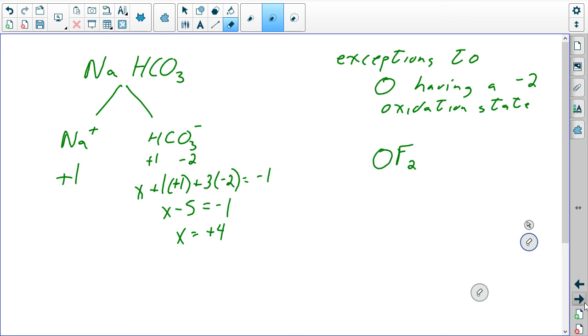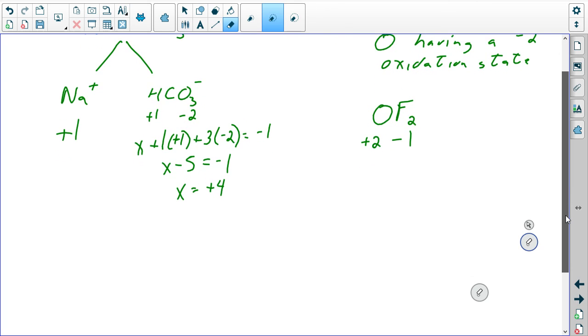We can see this by the 4 assigned for its electronegativity, and oxygen only has a 3.4. So in this case, the fluorine would have a negative 1, and we would have to have a positive 2 for the oxygen, because we have to add up to 0. So when oxygen is combined with fluorine, you would have an exception to that negative 2.